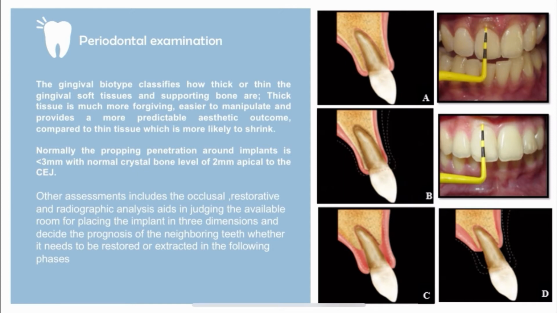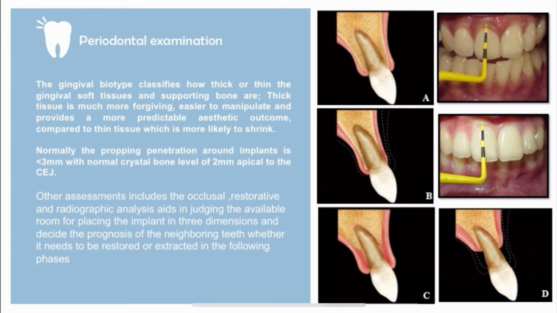It usually comes with a flat gingival contour, unlike thin gingival type that is more likely to shrink and cause recession and buccal plate dehiscence, comes with scalloped gingival contour, and when using the probe you can easily see how the probe is showing through the mucosa.